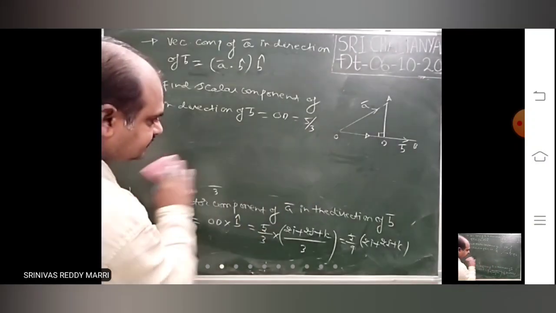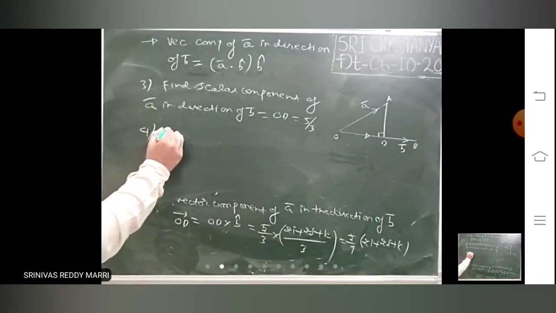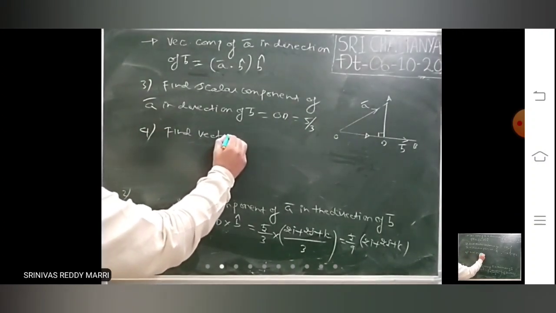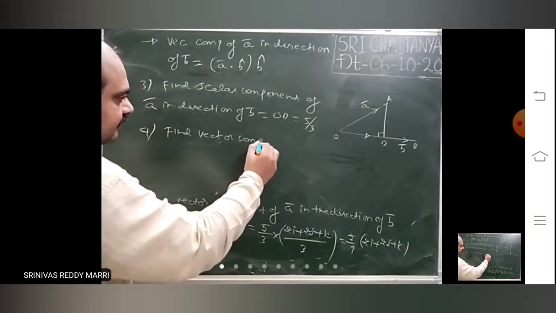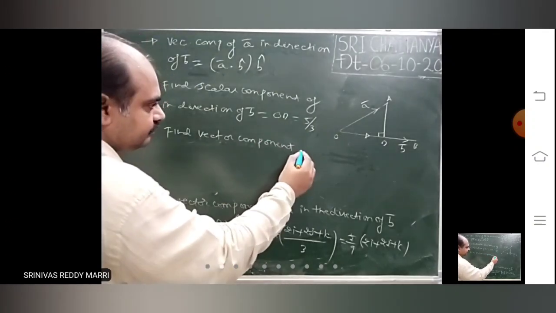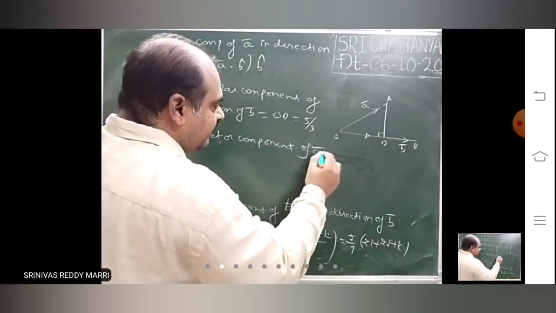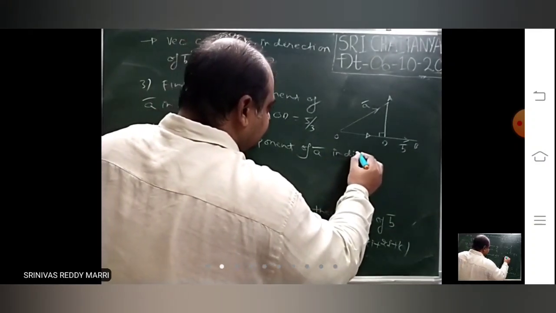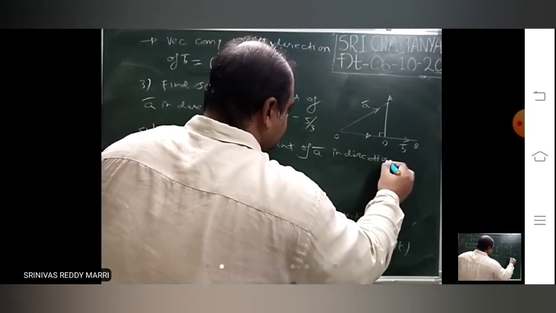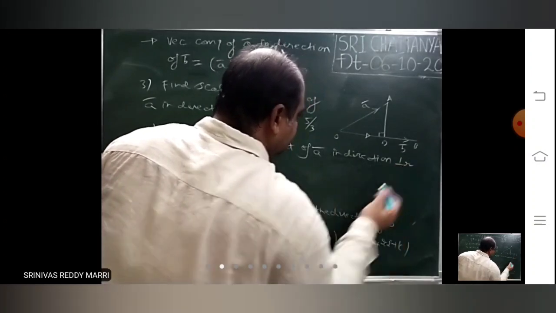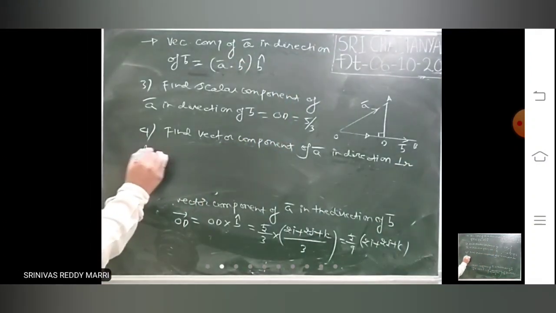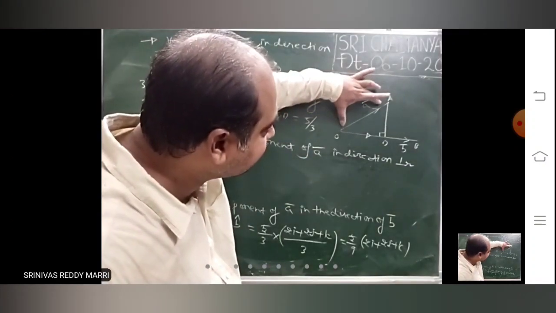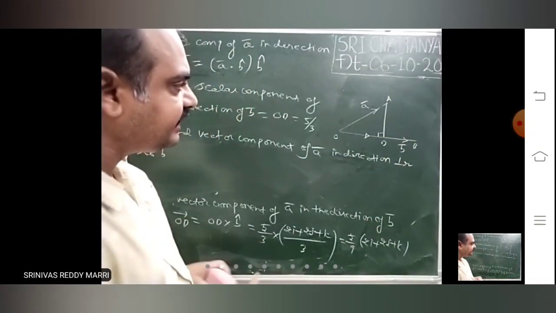So this is, suppose, fourth problem. Find vector component of A bar in a direction perpendicular to B bar. That means he will ask the component of this vector in a direction perpendicular to B bar.